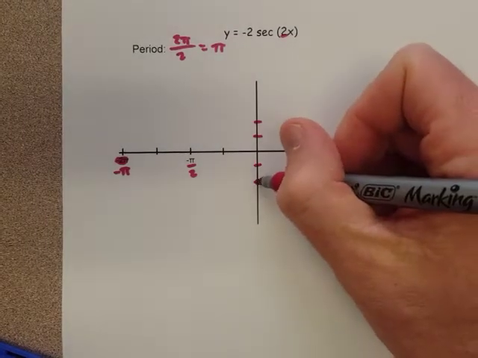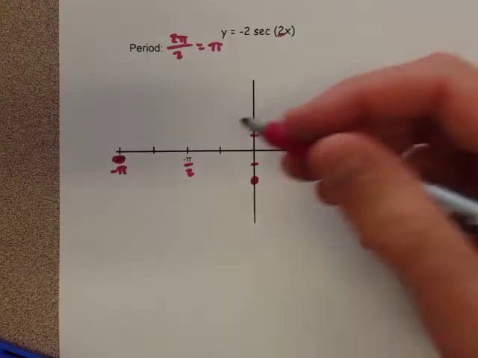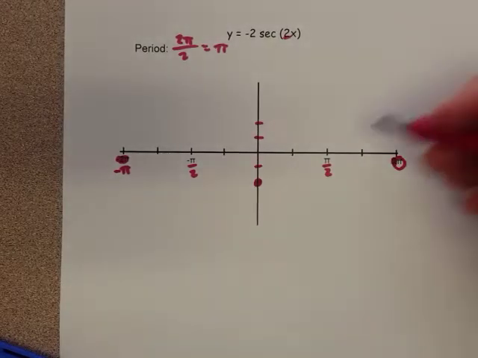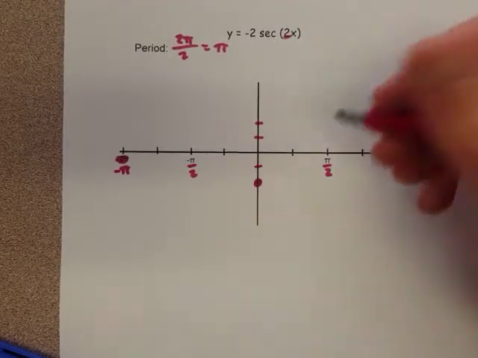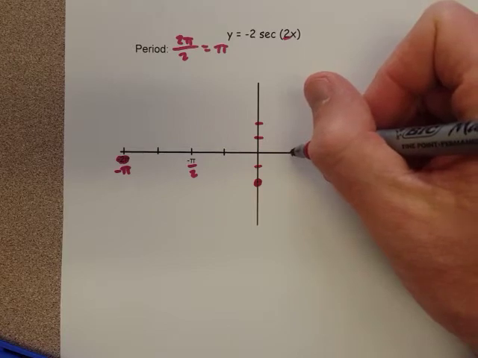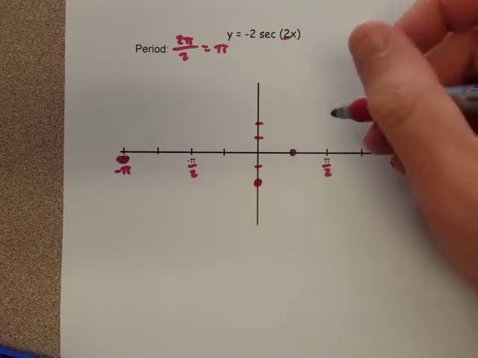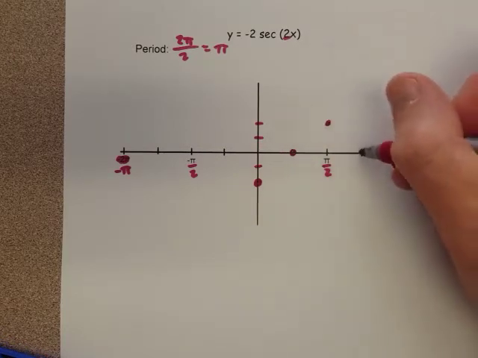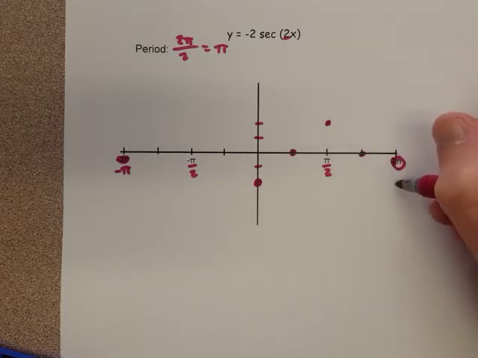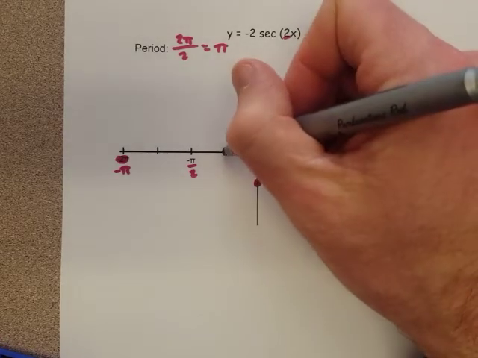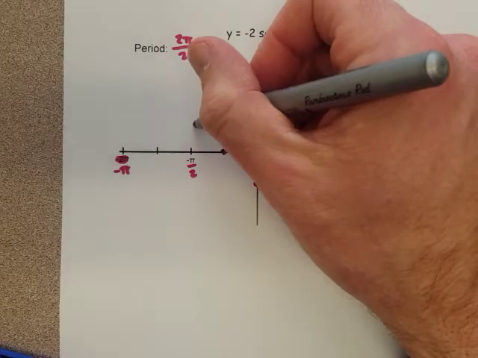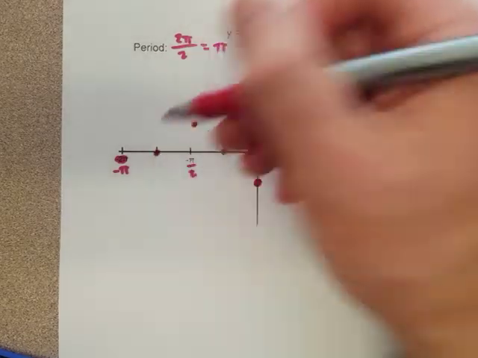So we have our starting point right here. Then we go with the pattern going back and forth. It's just going to be flipped from what it is normally. The only place to go is up in this case. So we go here, then we go to the max, then back down, and we repeat the pattern over on the other side of the graph.